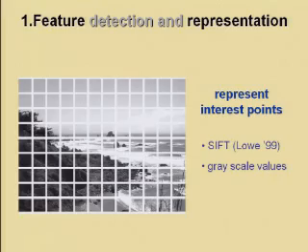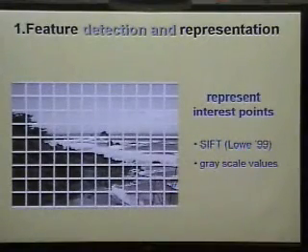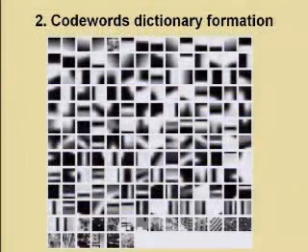So after we get these little patches out of scenes, how do we represent them? We tried SIFT, we also tried grayscale values with some normalization. I don't think they make a huge difference. We'll see later. So for an easy introduction, I'll just stick with the grayscale values. So we just stretch them into a vector for each patch.